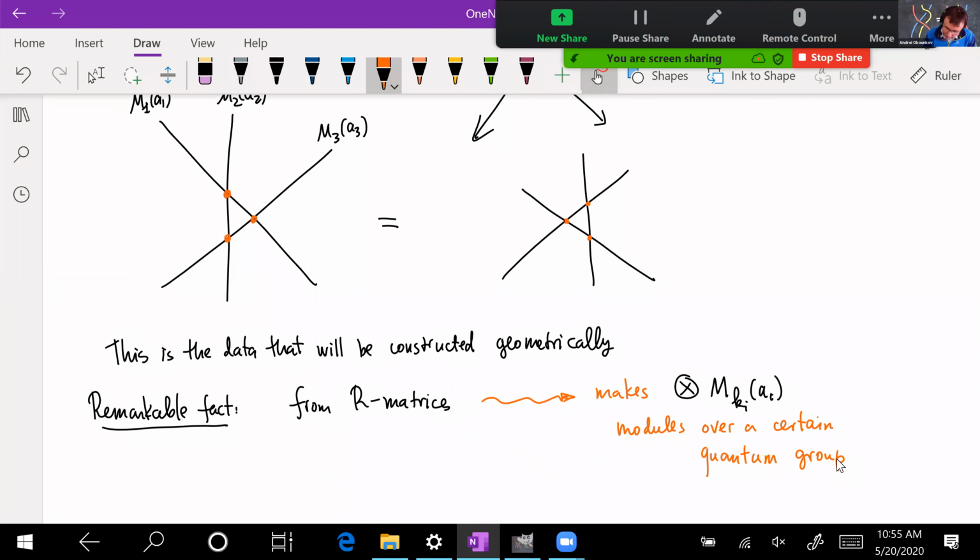And the R matrices are exactly the co-commutation relations.